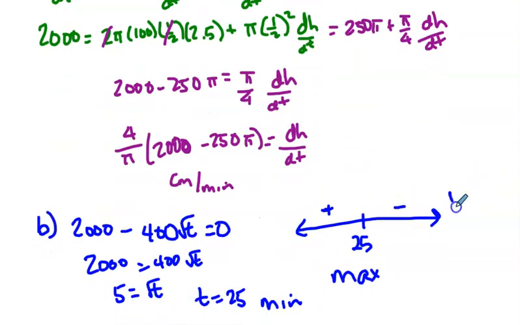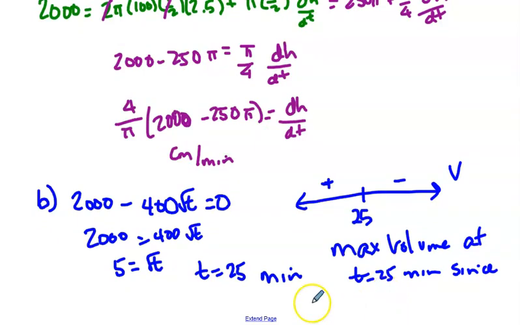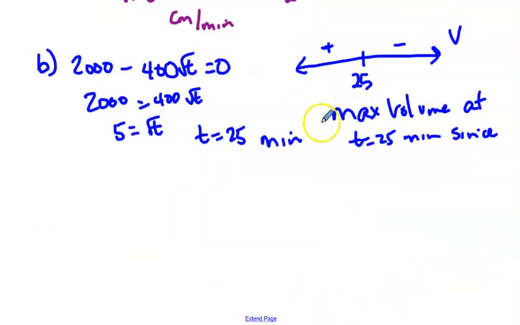Okay, and this was going to be the volume here. Max volume at time equals 25 minutes since, and now I have to put into writing what we just did on our number line analysis.